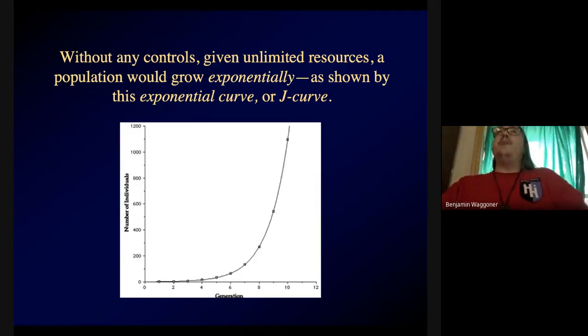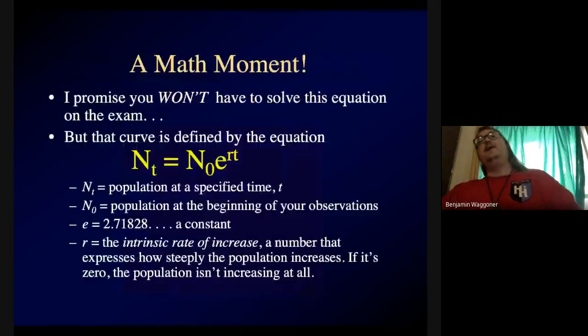Very, very briefly, I'm going to show you a math equation. Do not memorize it. You're not going to have to work problems using this. You won't have to solve this equation on the exam, but that curve is defined by an equation that looks like this. The population at a set time t, we just call N_t, is equal to the starting population, which is N sub 0, multiplied by e, which is an irrational number that begins 2.71828.